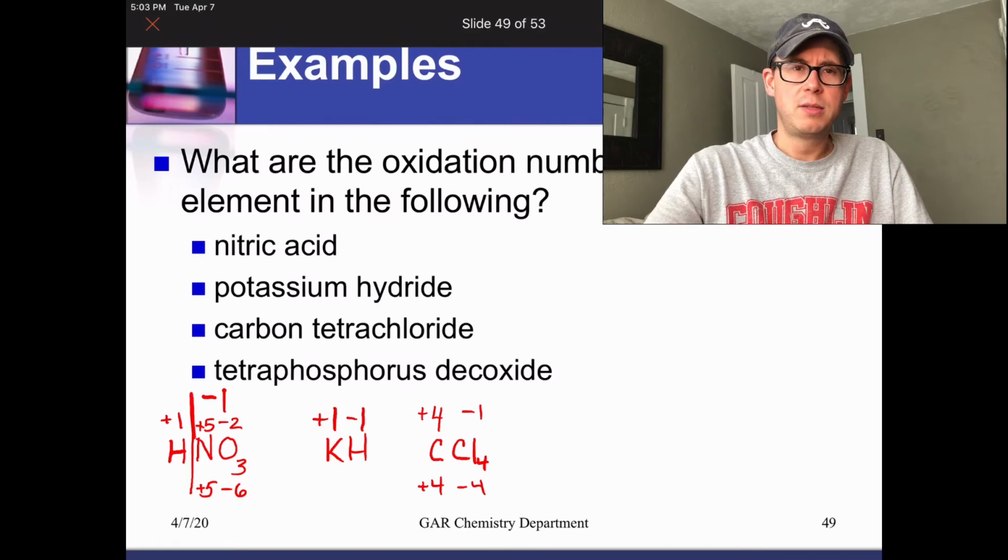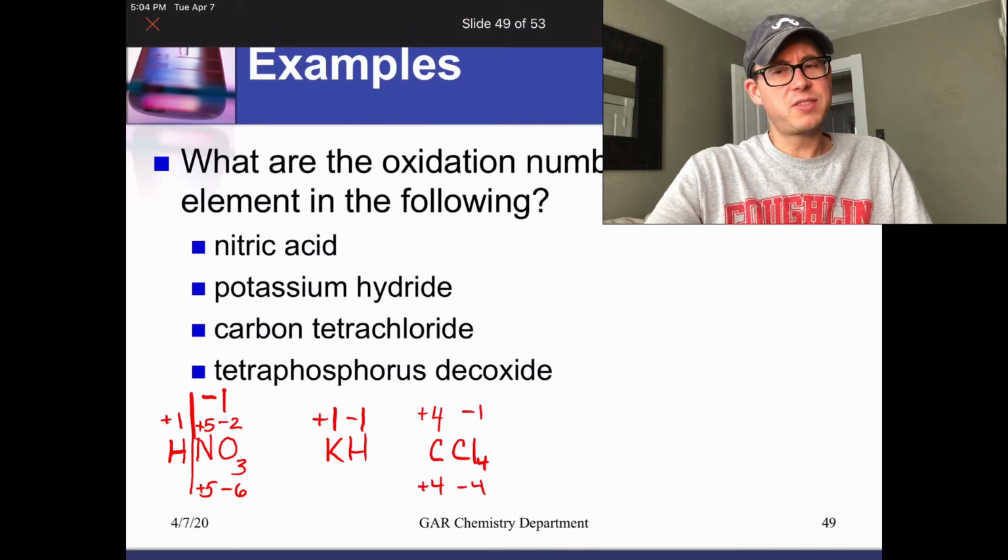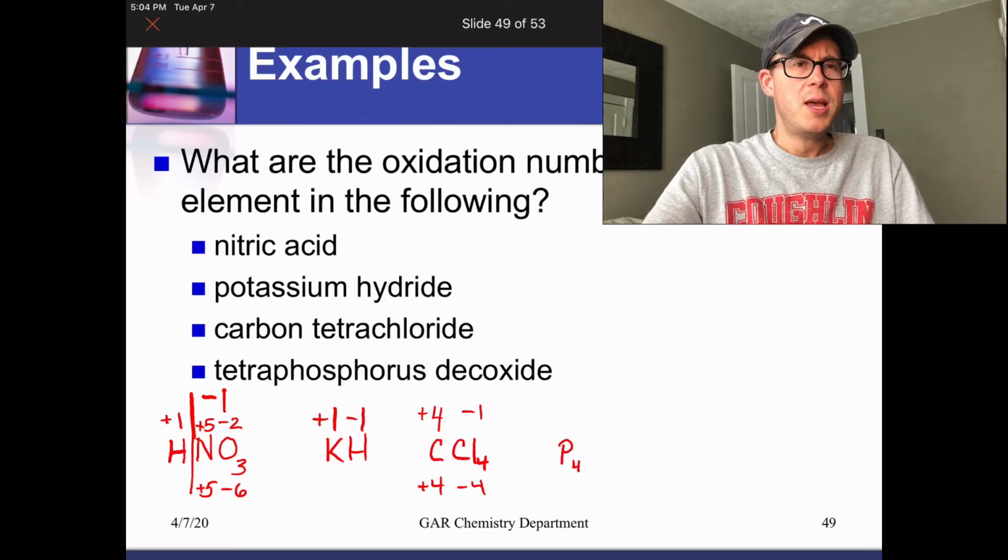In our last example, tetraphosphorus decoxide, the formula is P4O10. Oxygen has a rule that it's almost always -2, so the oxidation number of oxygen is -2. Because there's 10 of it, that means the total oxidation state for all the oxygens would be -20. That also means that the phosphorus must be a +20 to balance out the oxygens.